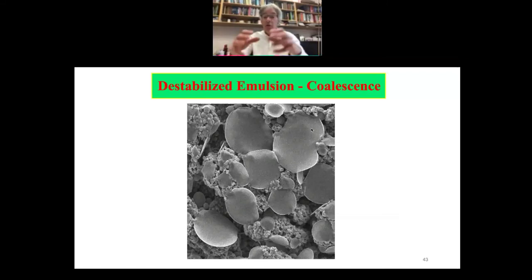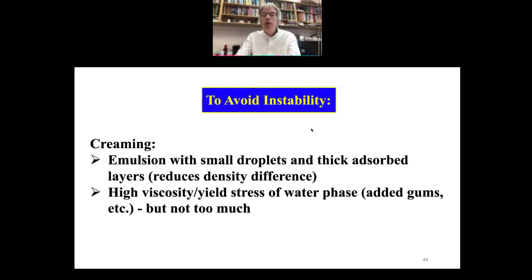In this case now, your emulsion droplets are much, much larger than they were to begin with. So that destabilizing force over time has caused your particle size to increase as a result of weak interfaces and collision and touching and fusing of the internal components. So to avoid instability with creaming, we want emulsions with small droplets and thick adsorbed layers to reduce density differences.